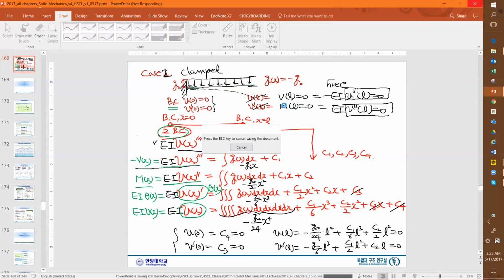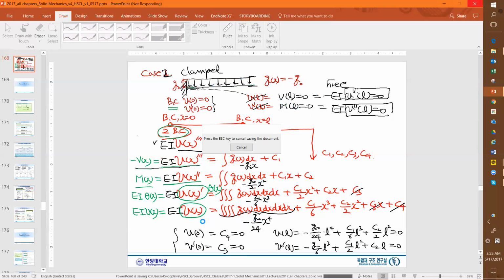I wanted to say that we could have many different boundary conditions, or many different types of distributed load. But the whole procedure will be very straightforward.